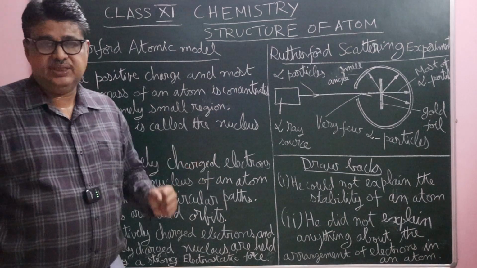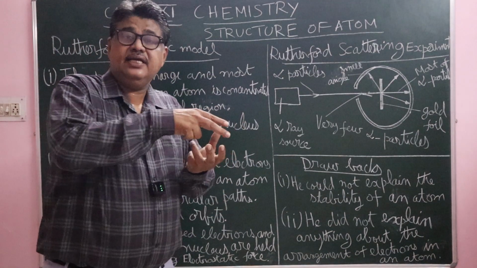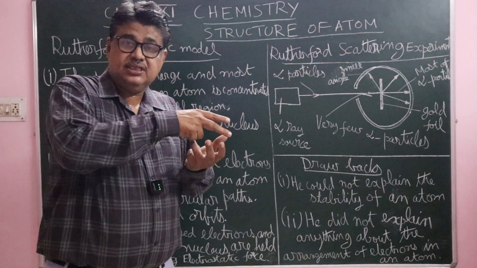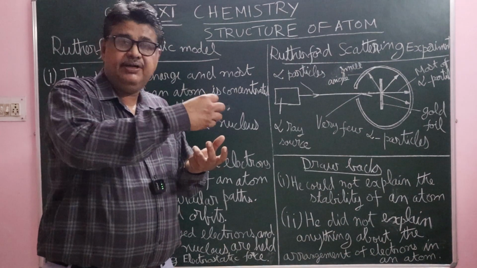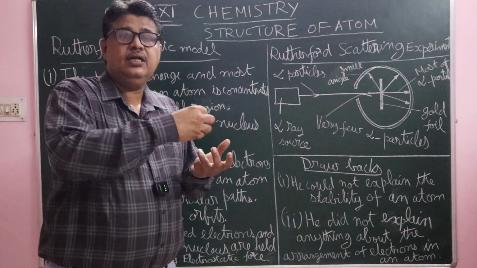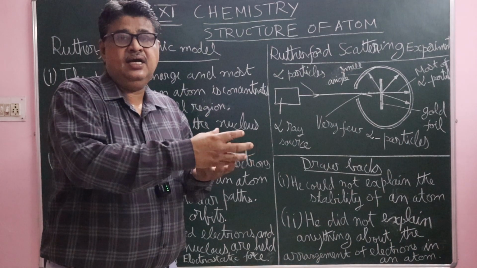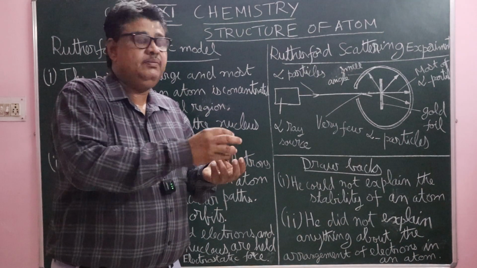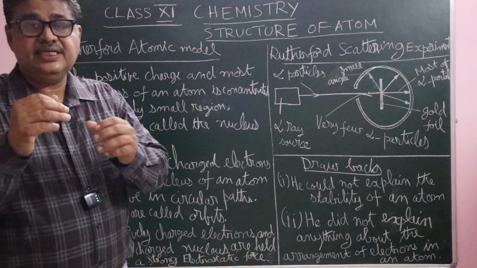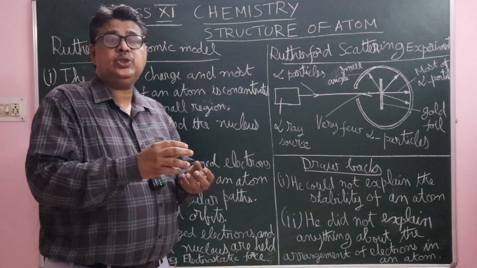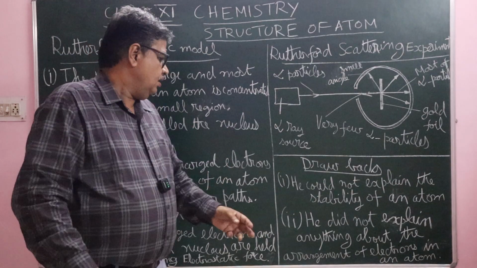That is, when the negatively charged electrons revolve around the nucleus, they will emit radiation, lose energy and fall into the nucleus. Because of this, the atom will become unstable. This is according to Maxwell.